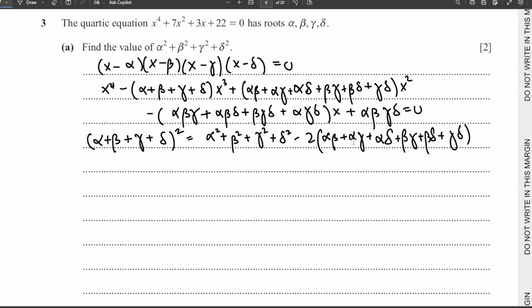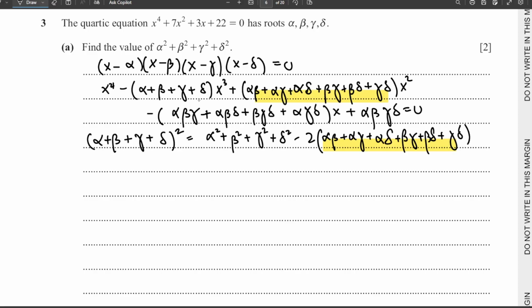After writing this result, you can see more clearly the resemblance of the coefficients. The x squared coefficient, the multiplication of two roots, is the same as here, the two roots multiplied together in all combinations.